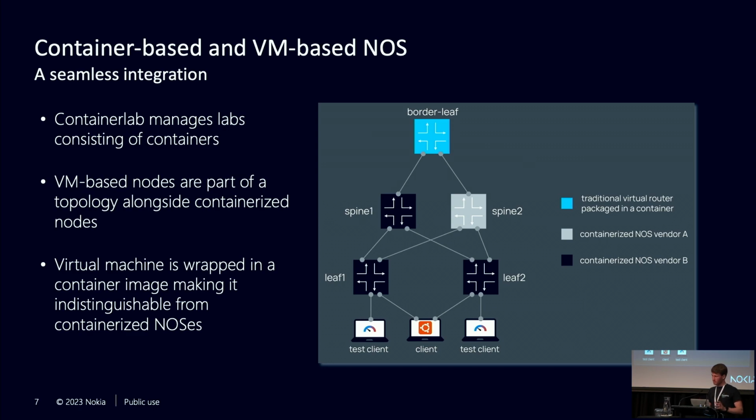This means that eventually the footprint of the container will be exactly the same as the virtual image originally, but it provides the advantage that you can deploy it as a container, and all the other containers part of that topology will not be aware that this is actually a VM running inside a container. So this is the trick you can use to actually run different types of VMs inside a Containerlab topology.